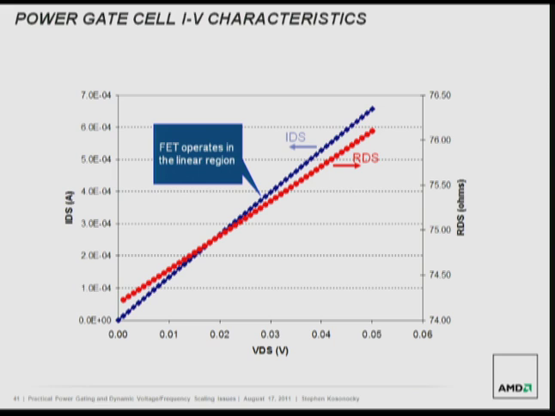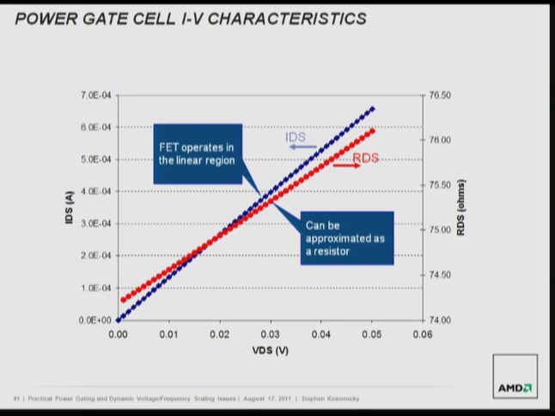How does that power FET look? When it's on, if you look at the IDS versus VDS and convert that to RDS, to resistance, it really looks like a linear resistor in that small region of operation from 0 to, let's say, 50 millivolts. A resistance model is a very good approximation for how that FET works.